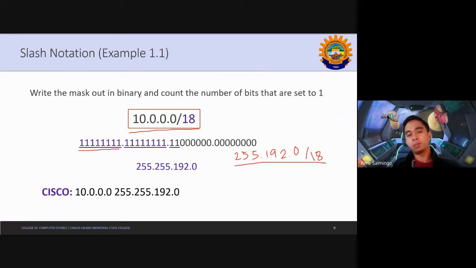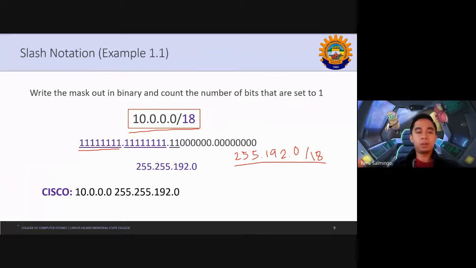So any question about this? You always start on the first octet, and you consider the number of ones by checking the value of the CIDR notation, which is 18. So you start your count here, on the first octet, then the second octet, and the last would be the third octet.